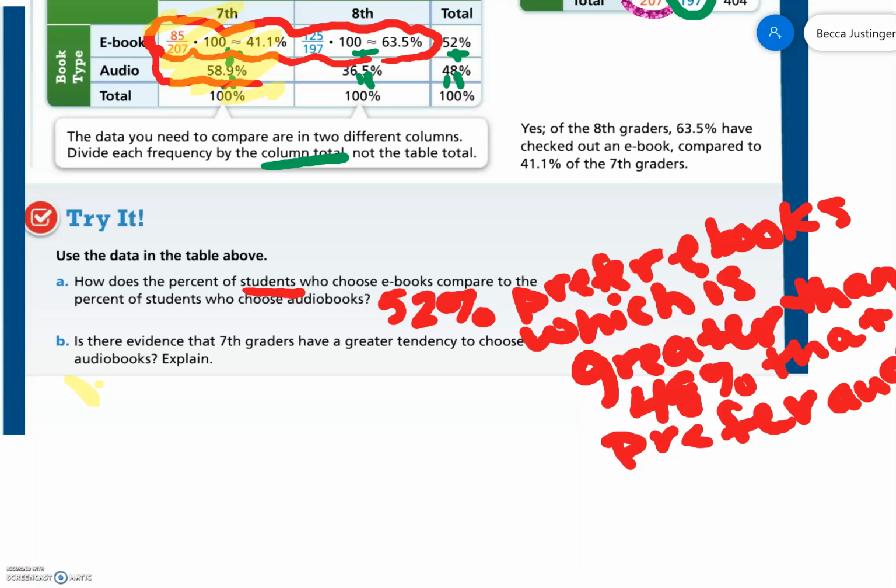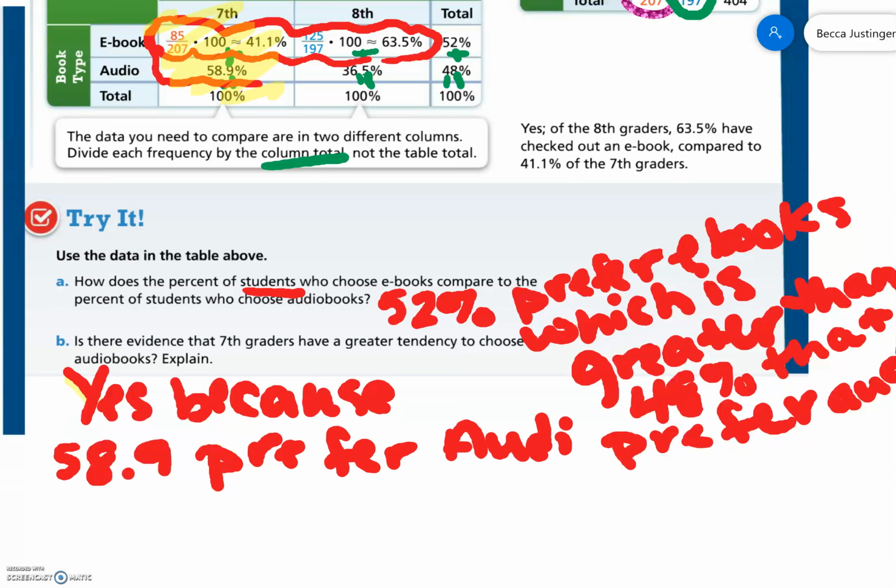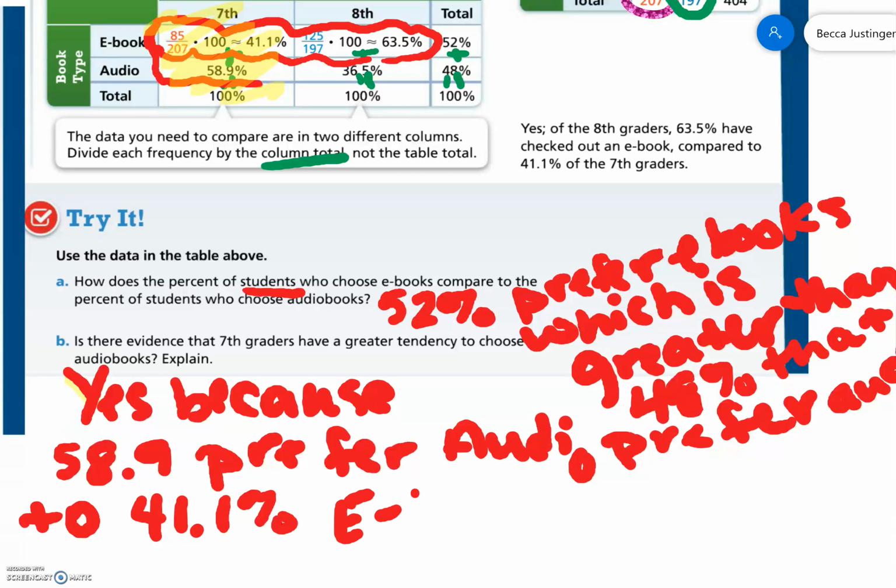So yes, because 58.9% prefer audio to 41.1% ebook.